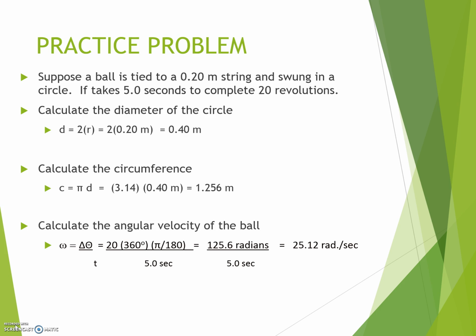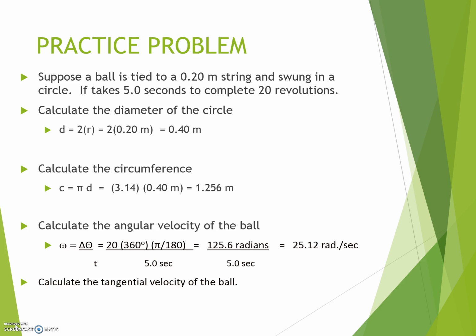That would give us the value in terms of degrees, and then we would multiply it by pi divided by 180 to get that in the units of radians. So that would give us 125.6 radians in 5 seconds. We want the radians per second, so we would take 125.6 divided by 5, and that'll give us an angular velocity of 25.12 radians per second.